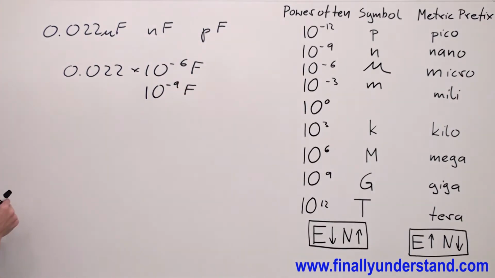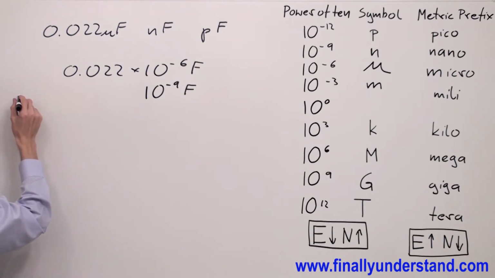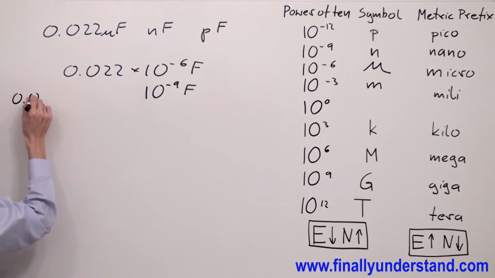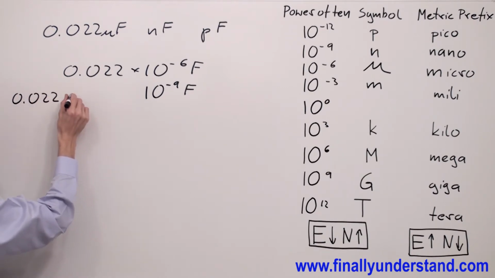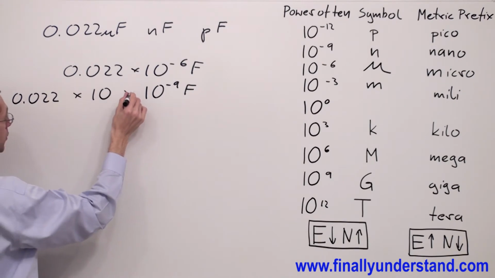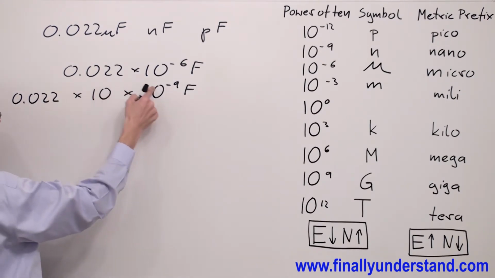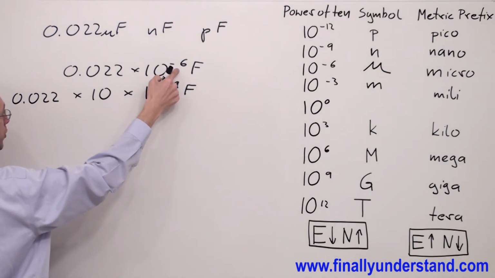Next, I'm supposed to copy this number down, and I have 0.022 times 10 times. Again, I'm supposed to find the number which added to negative 9 is going to give me negative 6.